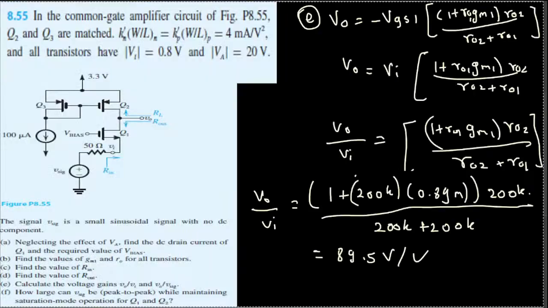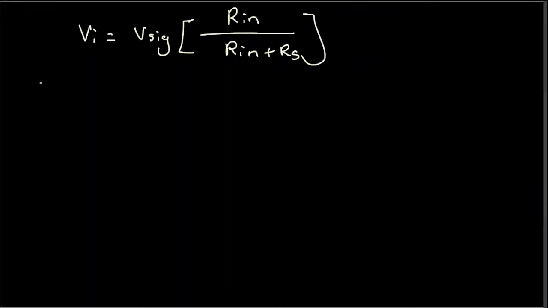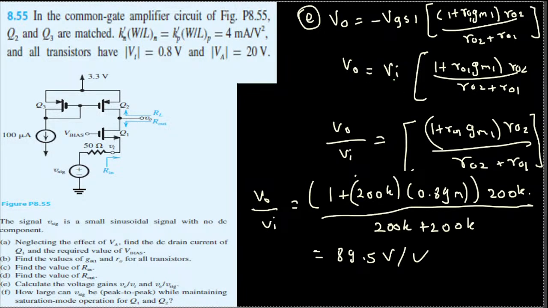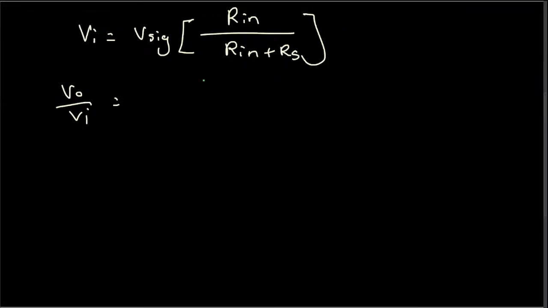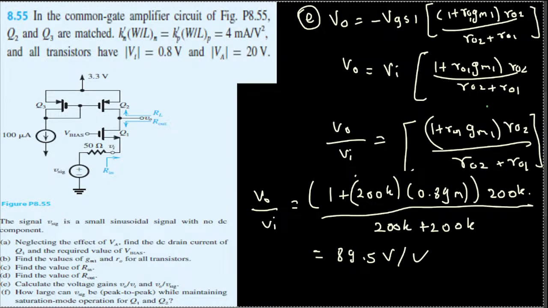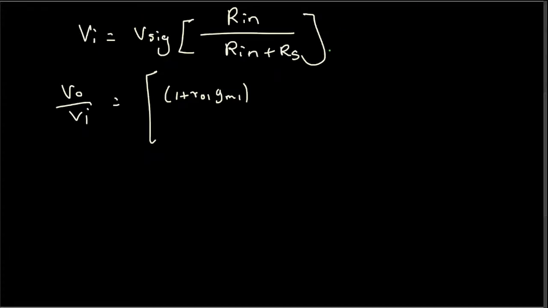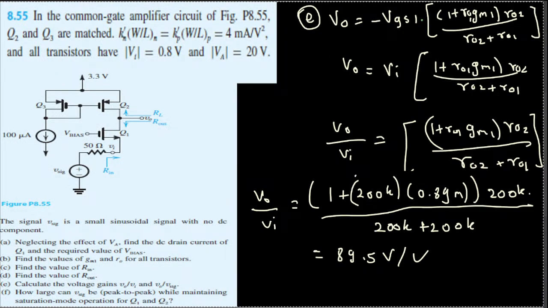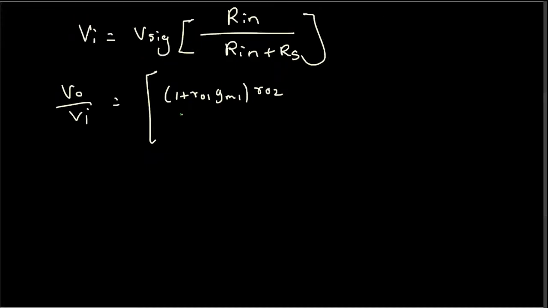Now we bring the exact same equation over here, the one we derived: VO over VI equals 1 plus RO1 GM1, multiplied by RO2, divided by RO2 plus RO1.